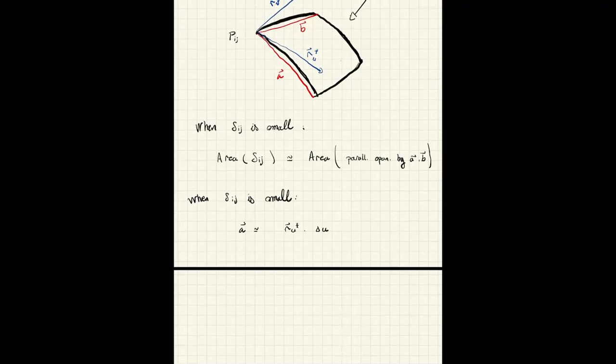You take this point minus this point and you divide by the increment on U, delta U. When delta U is very, very small, it's close to the limit, and R U star is actually the limit. So it's really nothing new here. And B is approximately given by delta V times R V star.